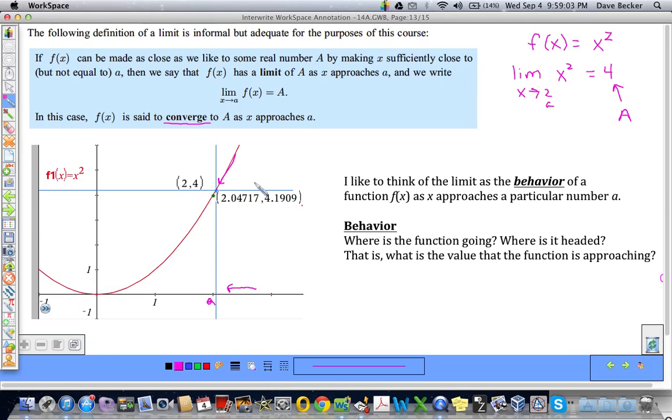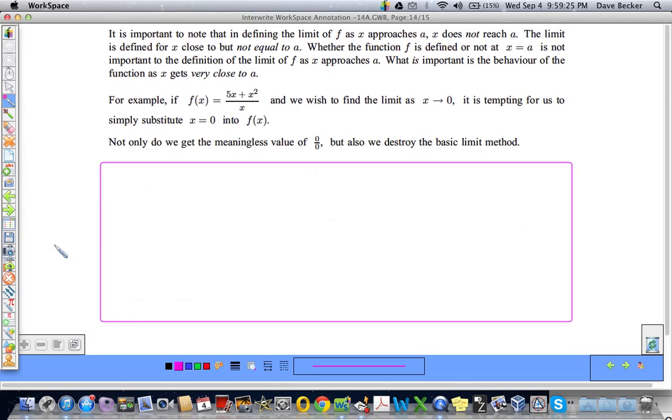What was the value? Well, the value was 4. And the same thing happened when it was coming from the left, moving right. The dot was moving up this curve and getting closer and closer to 4. The behavior of the function, where's it going, what is it doing, what's its value? That's what we're really concerned with.